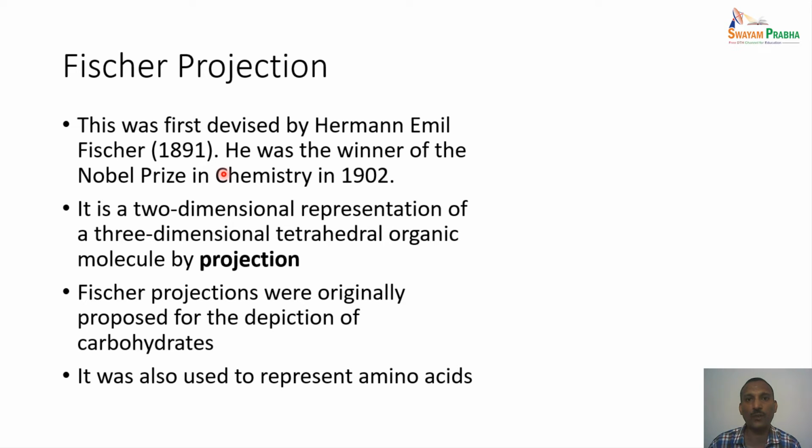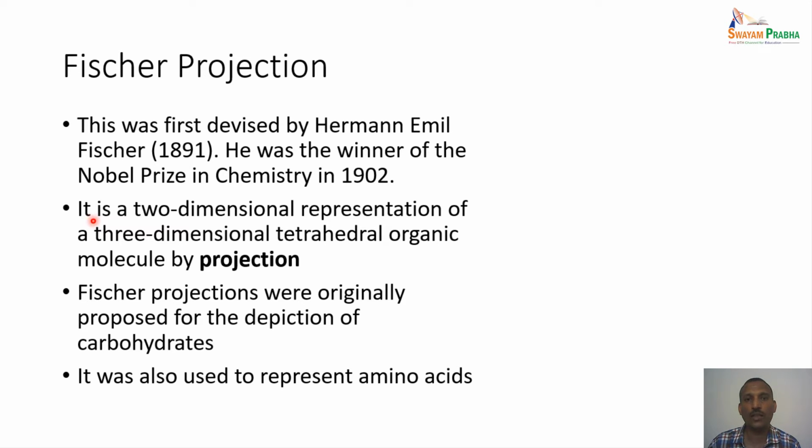What he wanted in this particular case was to represent the molecules in a stereogenic way. That means for each stereoisomer of a monosaccharide, he wanted to give some notation.